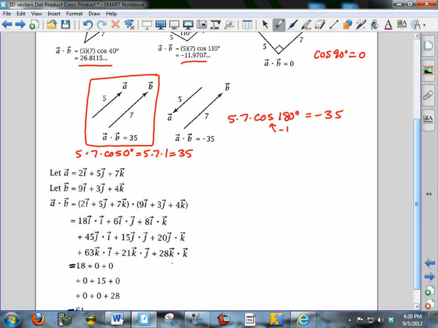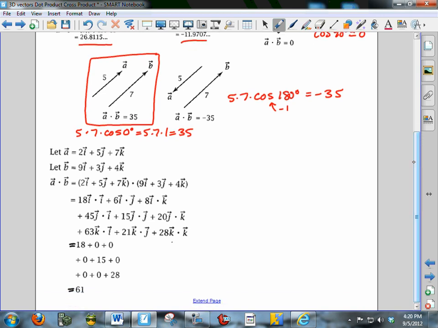So with those things in mind, we're going to multiply two vectors using the dot product. If we have two vectors, A and B, A being 2i plus 5j plus 7k, B is 9i plus 3j plus 4k, and we take the dot product of them, the first thing we're going to do is just distribute the dot product.